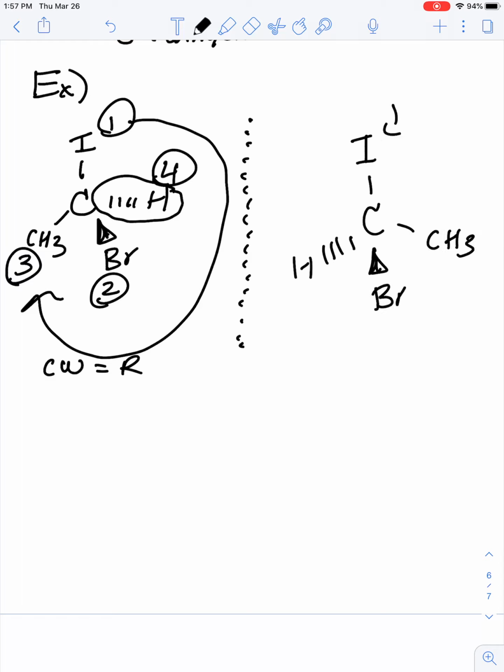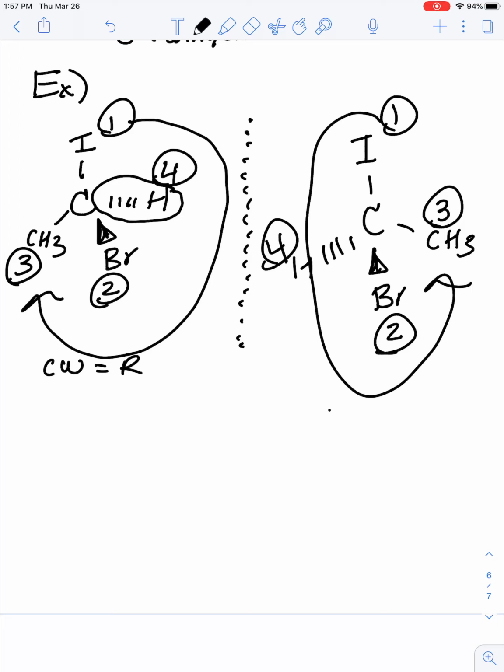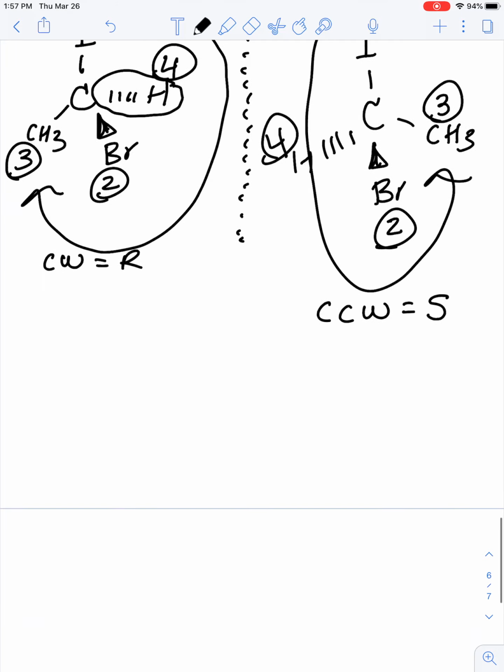Again, we'll number the priorities, going by atomic number, or what that carbon at that stereocenter is directly attached to. Our hydrogen is pointing into the paper, which is what we need, the lowest priority pointing into the paper. Now we notice that we're going counterclockwise. When we're going counterclockwise, we have an S configuration. So this is what you'll notice when you are looking at 2 enantiomers: one would be the R configuration and one would be the S configuration.